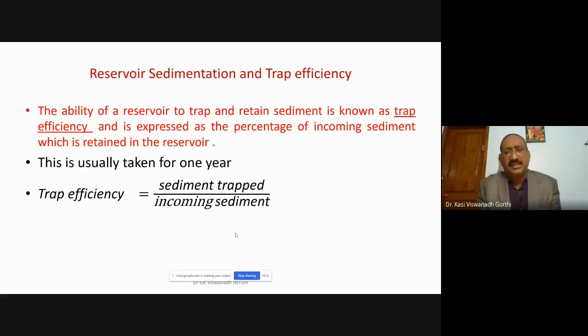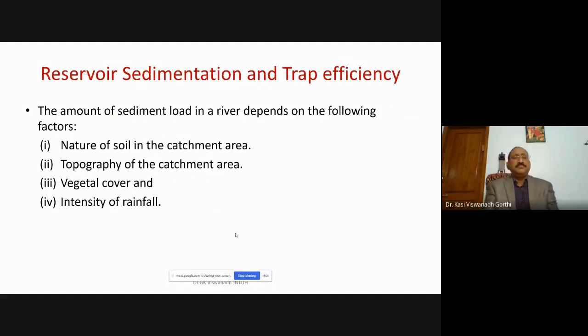This is usually expressed as a percentage of incoming sediment which is retained in the reservoir. Usually this will be taken for 1 year. So for 1 year, how much sediment is coming into the reservoir, and how much is trapped in the reservoir. The ratio of both is the trap efficiency.